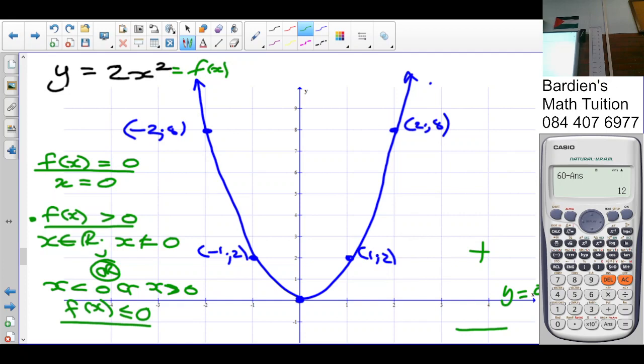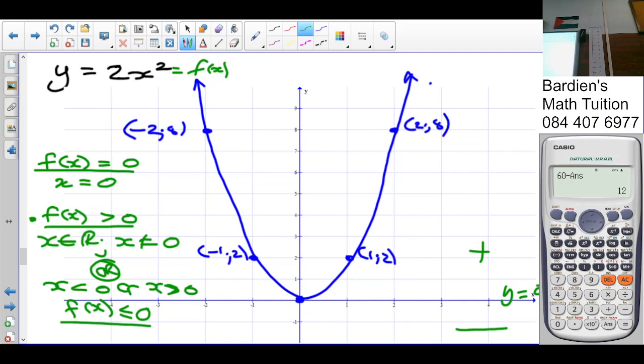Now, next one. Where is f of x less than or equal to 0? Is there any part of the graph that is less than 0? No. Where? Show me. Nowhere. No part of this graph of f is under this line.